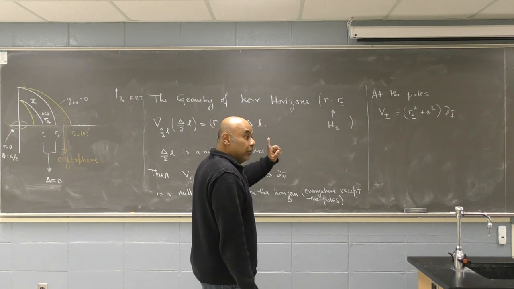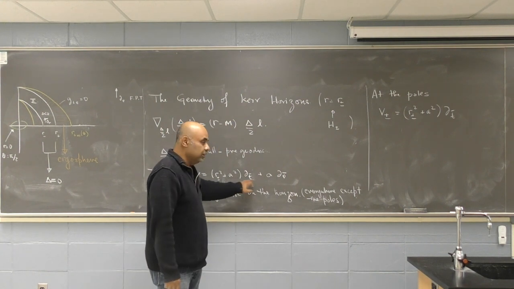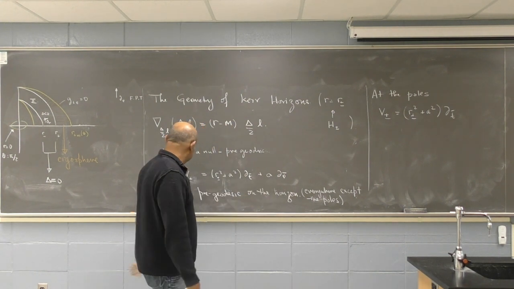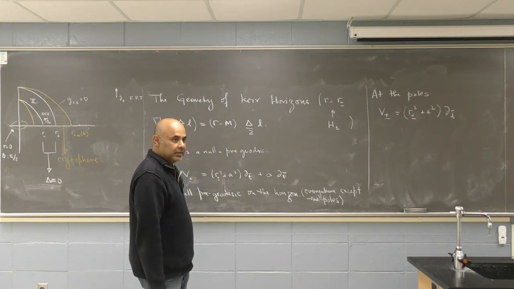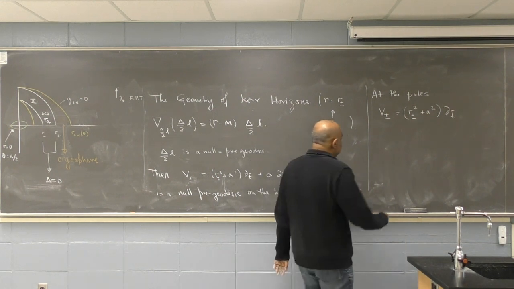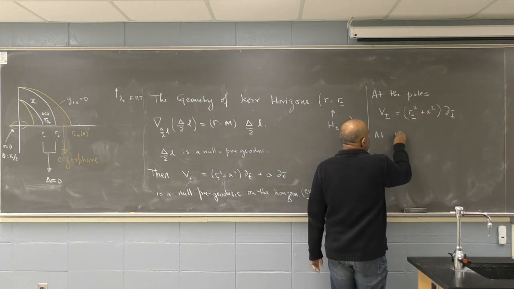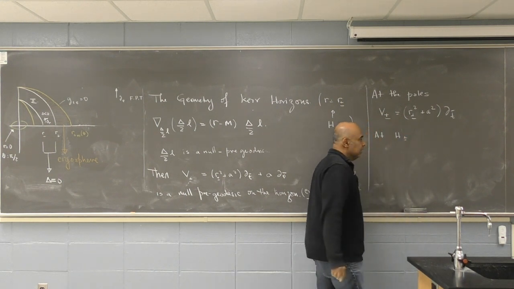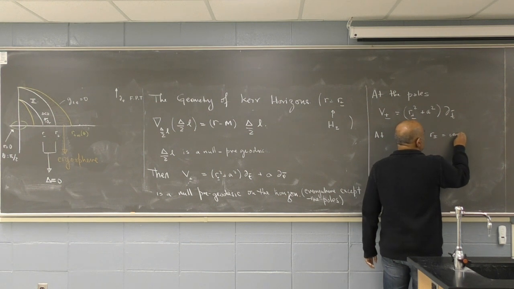So on the outer horizon, there's a null geodesic vector field. On the inner horizon, there's another null geodesic vector field. So at h plus and minus, this is defined by r plus minus equals a constant.